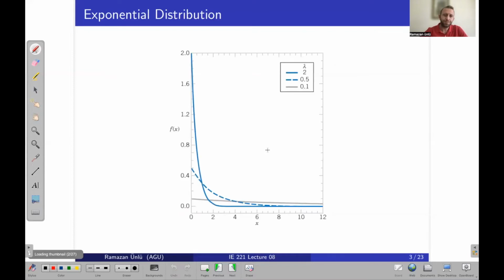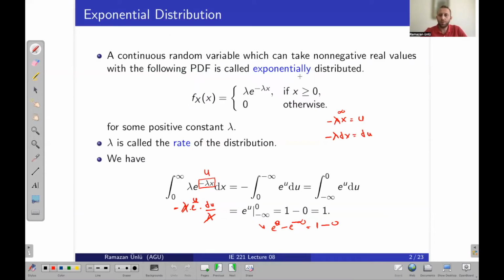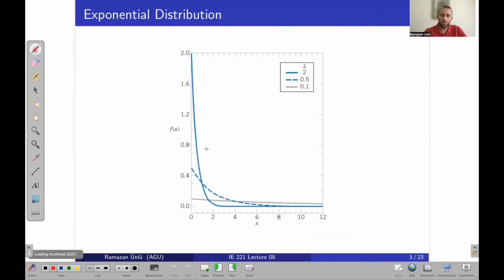As I said, lambda is called the rate of the distribution. Changing lambda will affect the shape of the exponential distribution. Let's look at a few example lambda values. The first one is 2, and that corresponds to this distribution.